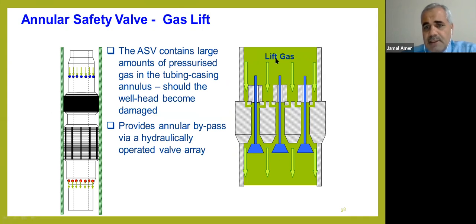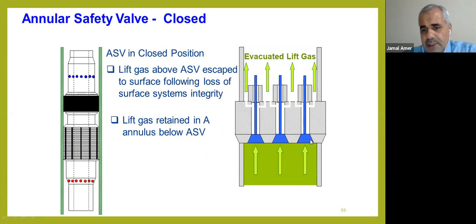As we see here, the gas is injected in the annulus. So we see this yellow one, it's open. In case some accident happens on the Christmas tree or the point where we inject the gas and the gas is released to the surface, this valve will close like that. So as we see, the yellow one is open, the blue one is closed and gas is prevented from going off to atmosphere.